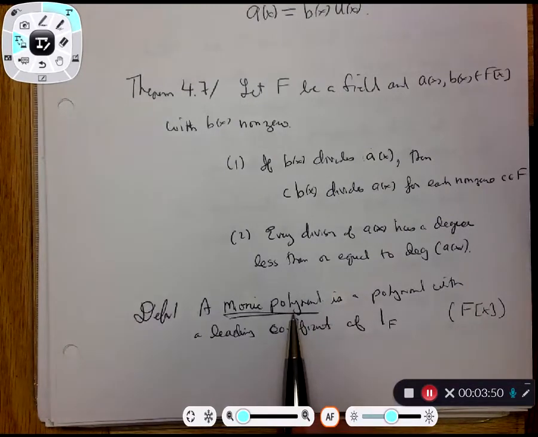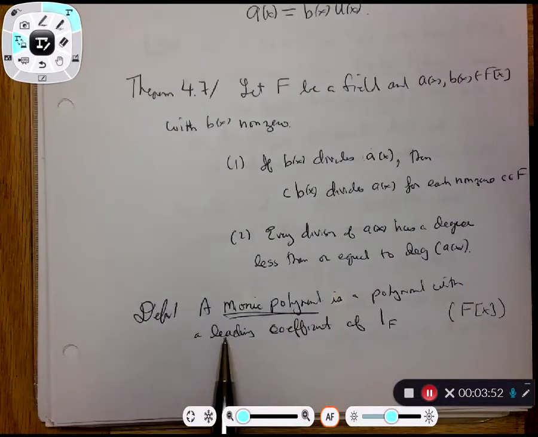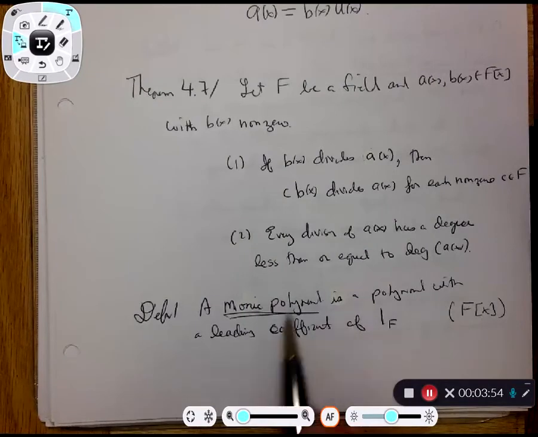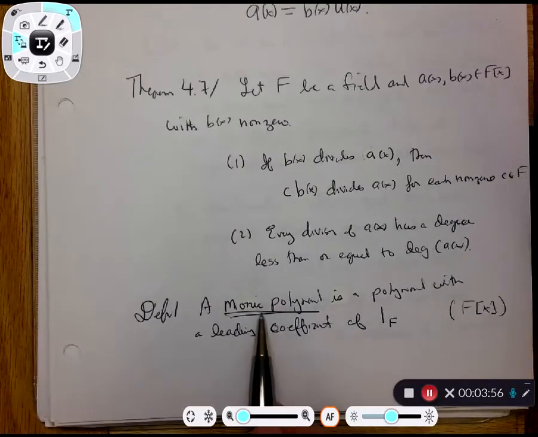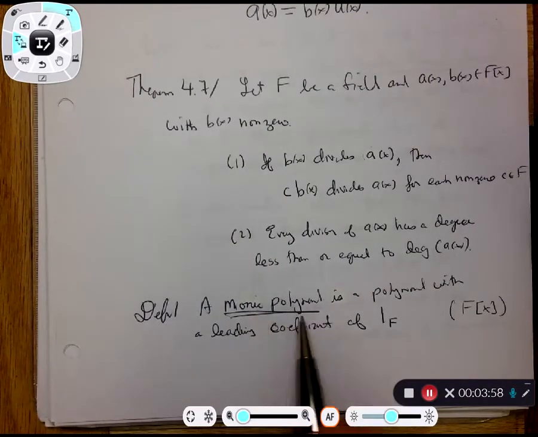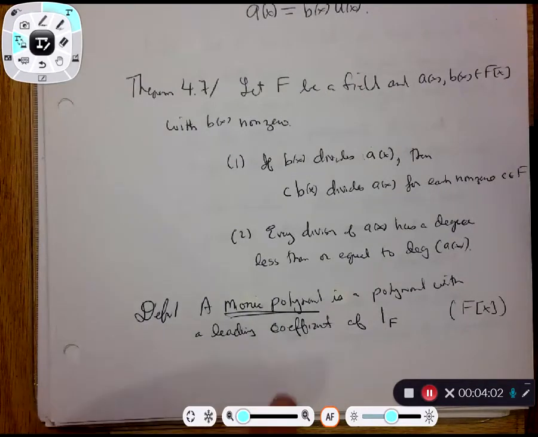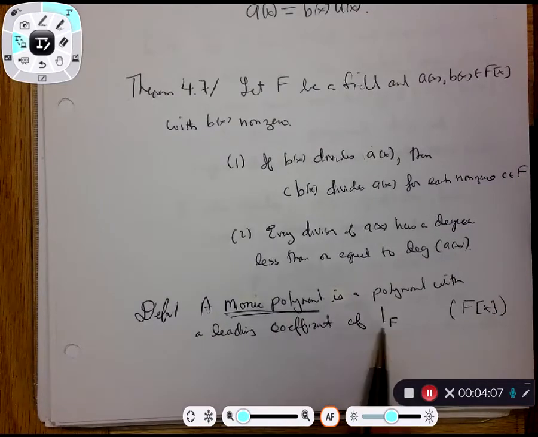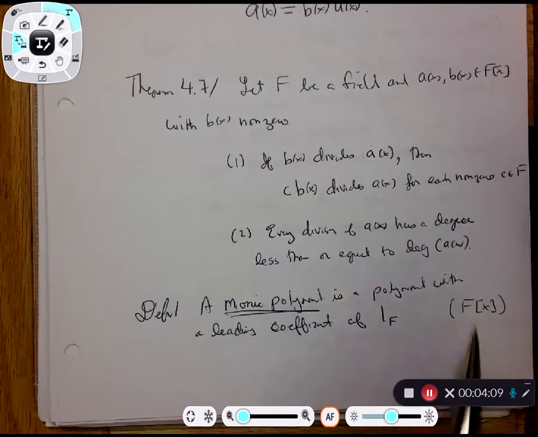Well, if you get rid of the leading coefficient and make it just a 1, then that will make the polynomial unique. So this monic polynomial is how we're going to put the uniqueness in terms of these polynomials. So a monic polynomial is a polynomial with a leading coefficient of 1 inside of whatever field you're adjoining x to.